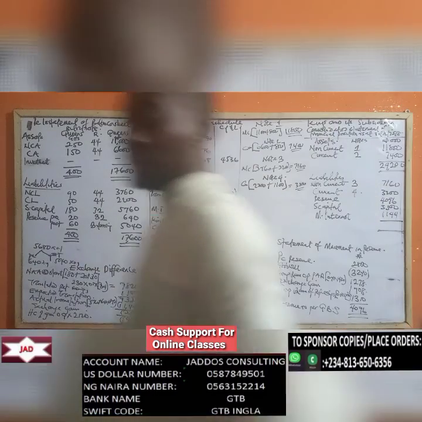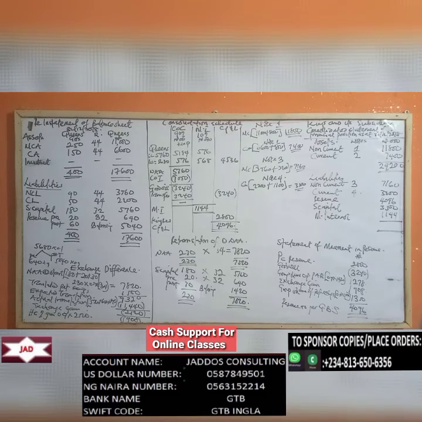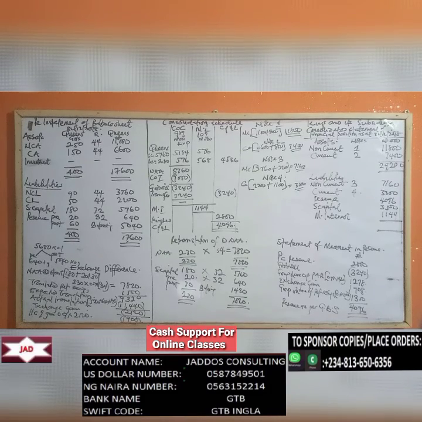So 7,160 plus 3,300 plus 4,096 plus 3,500 plus 1,144.